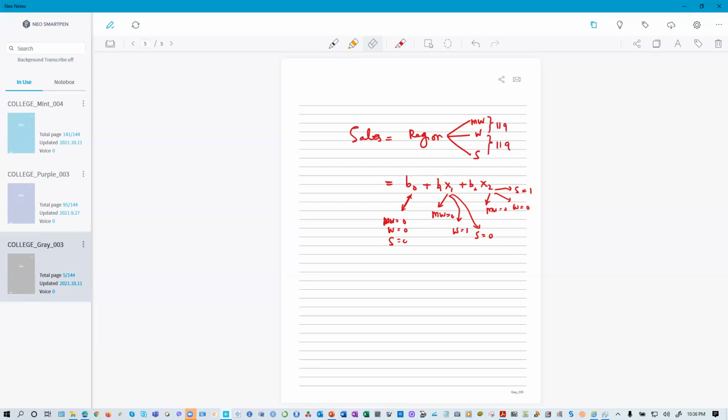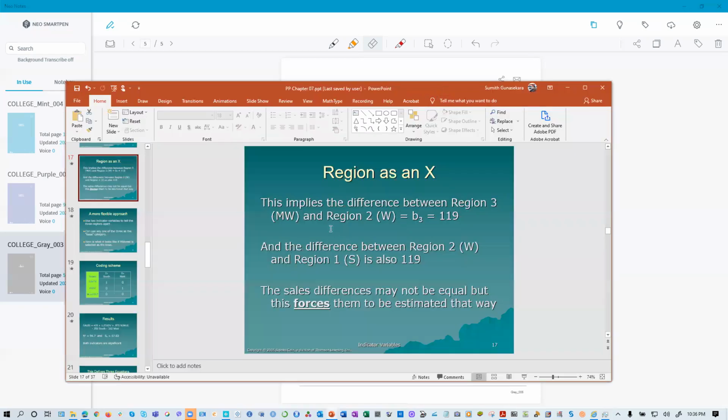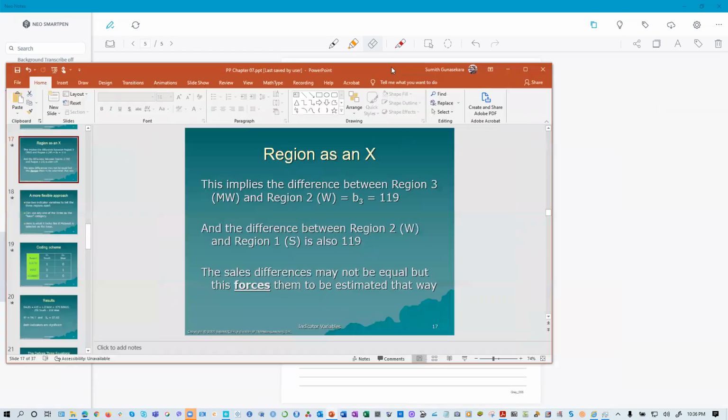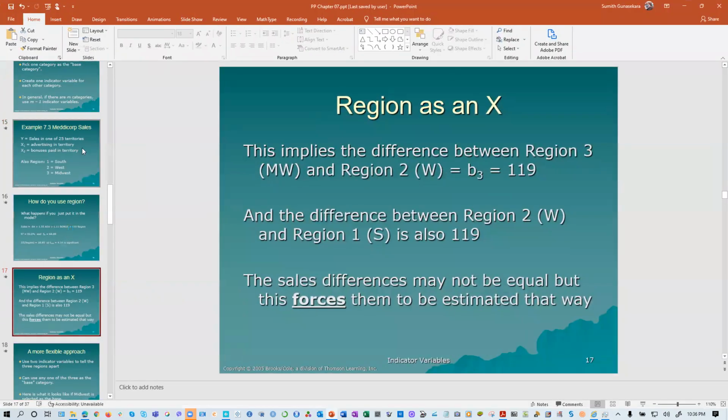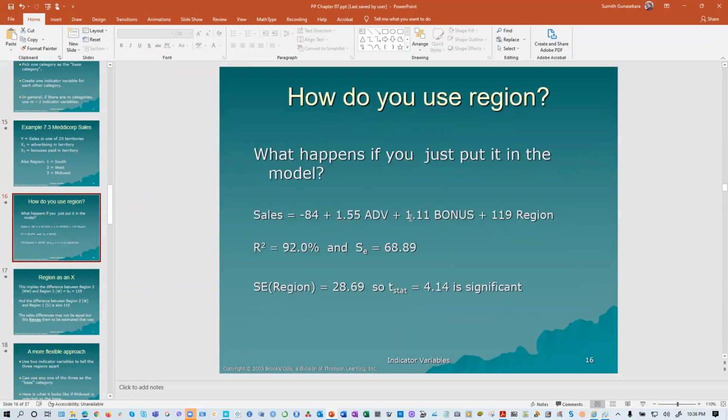That's what they said. Those are the gaps. That implies that the difference between region 3, Midwest to West, and West to South is 190. Where is the 190? In this one, when you go to the region, this slope is responsible for that gap.